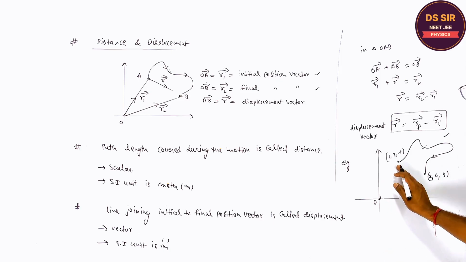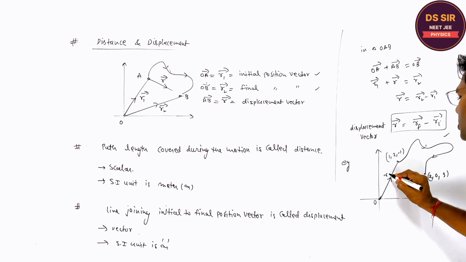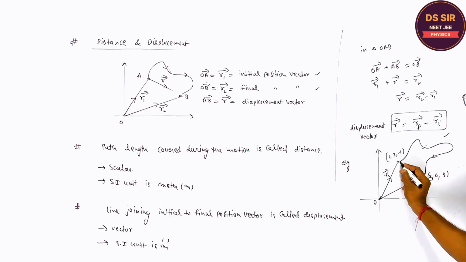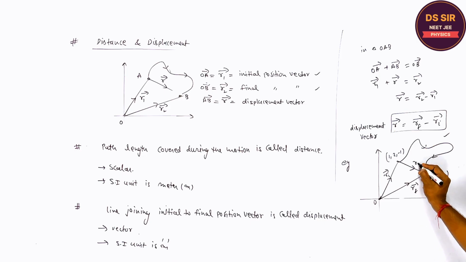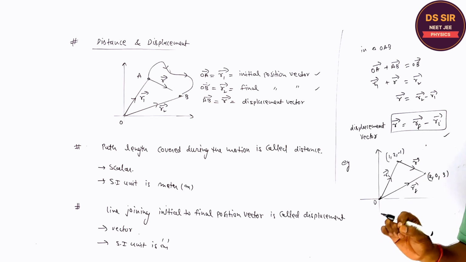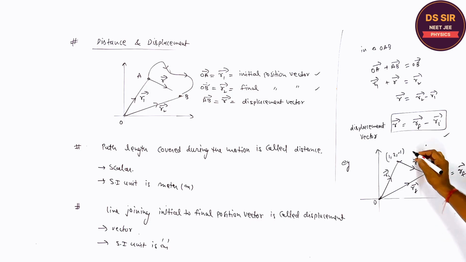So how to find the displacement? This is the initial position vector, this is the final position vector, and this is the displacement vector. Wherever it is going does not matter. The displacement depends upon the initial and final position.